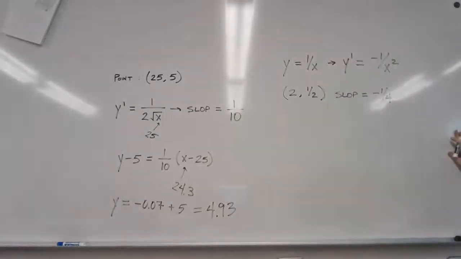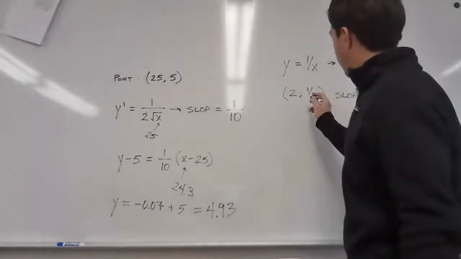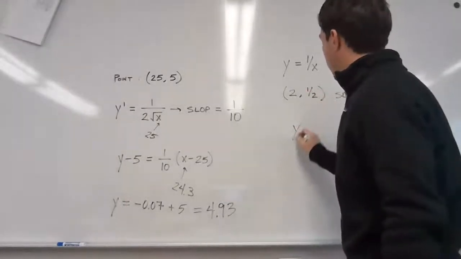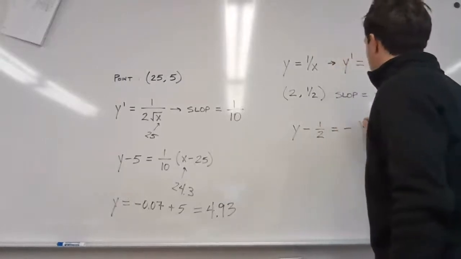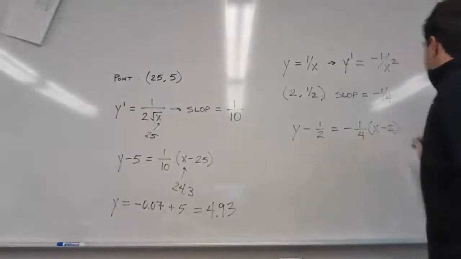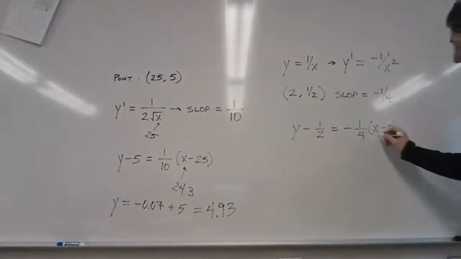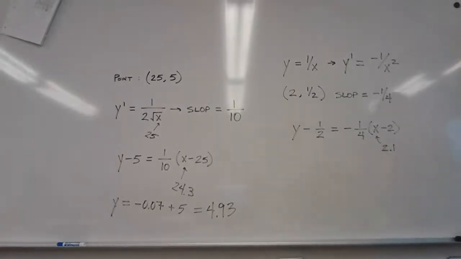So what you have here is y minus 1/2 equals the slope times x minus 2. And then we're going to plug in 2.1, our x value that we care about.